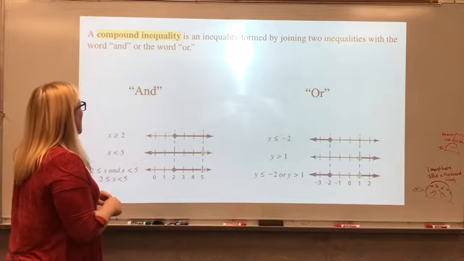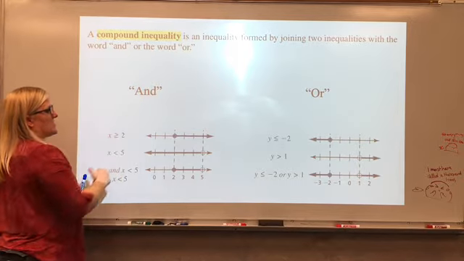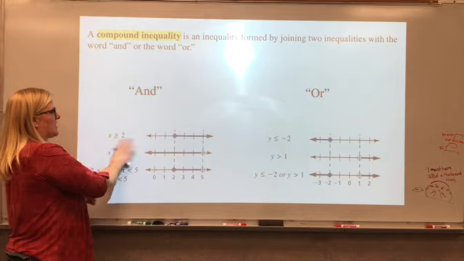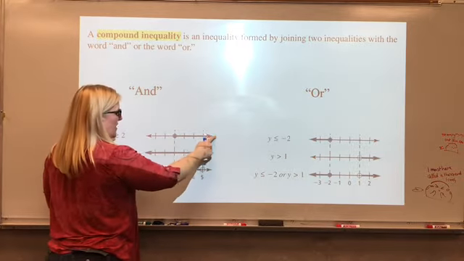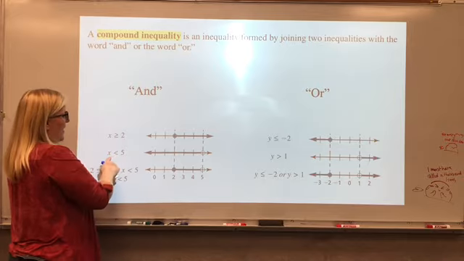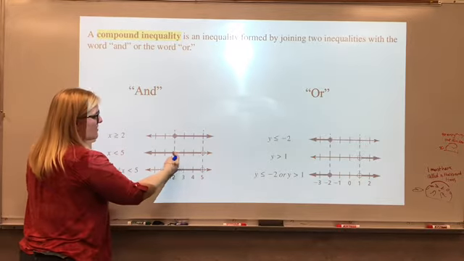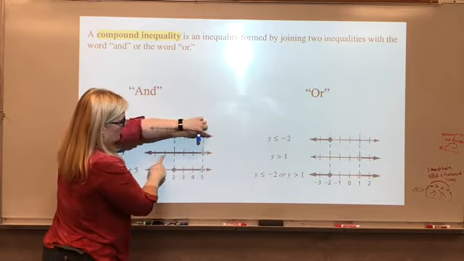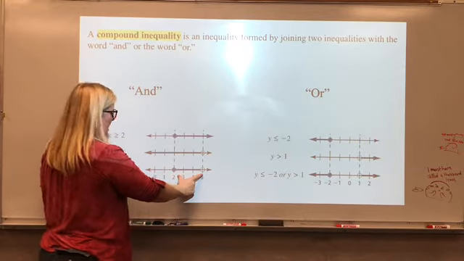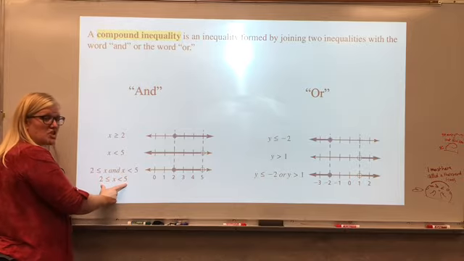All right, so when we're dealing with an and, this is when we have something like this. X is greater than or equal to 2. So this would go like this. X is less than 5. So we have these two going like this. Well, they overlap each other right here. And this is when we sandwich them in.